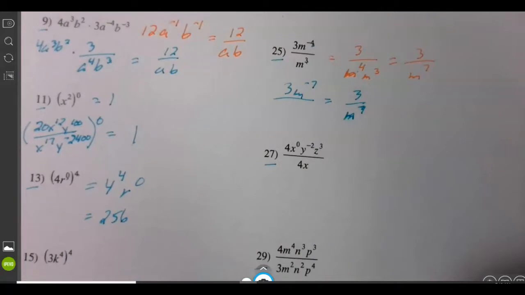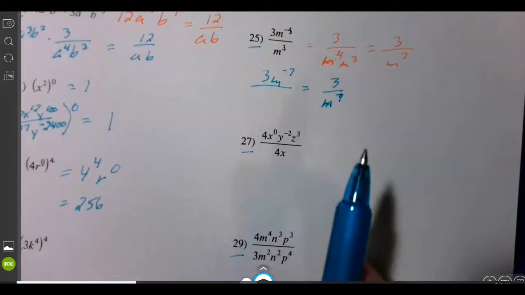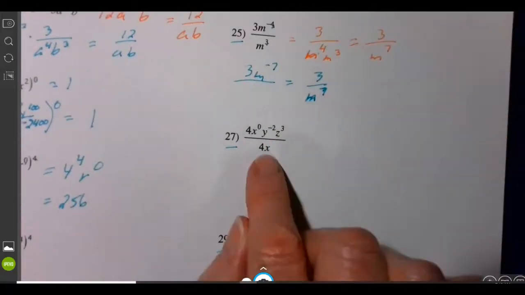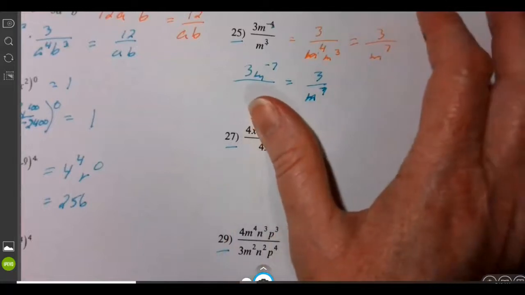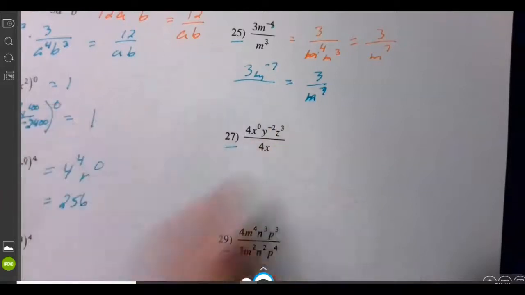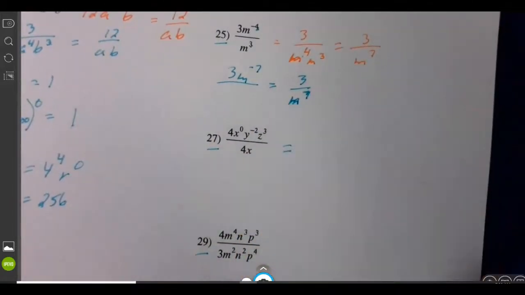Okay, let's look at number 27. So on number 27, we're going to just start simplifying. And the beauty of it is, like in this one, you get 4 problems in one. You have the coefficients, you have X, you have Y, you have Z. It's cool. So if I were doing this one, the first thing I would do is I'd go through and start moving things around and canceling.